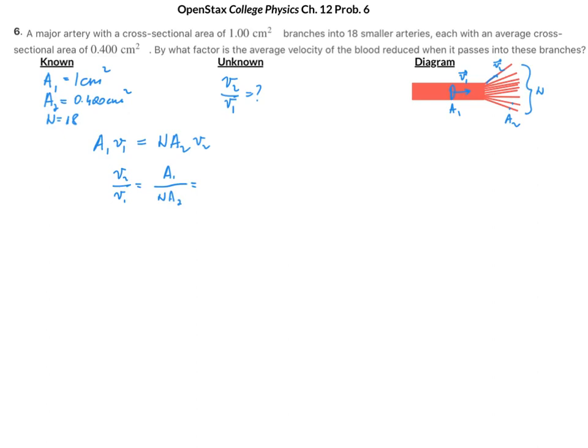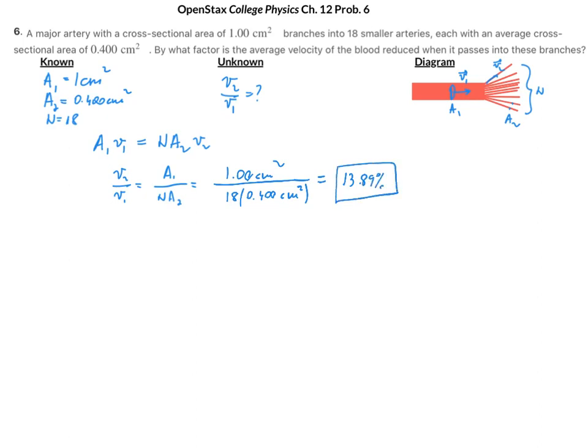So I'll just leave this as 1 centimeter squared divided by 18 times 0.400 centimeters squared. And if we divide these two numbers, we end up with 13.89%.